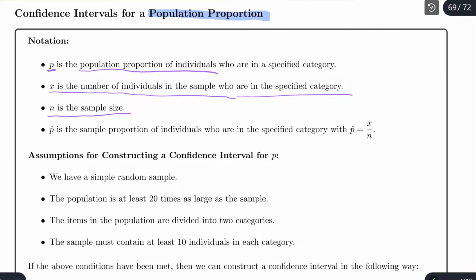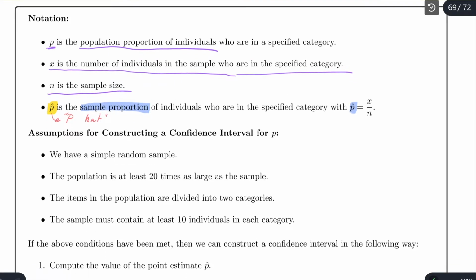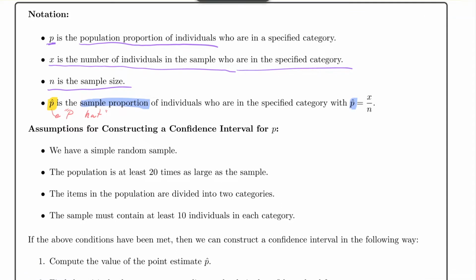And p hat, we pronounce this p hat, is the sample proportion, which means this is the point estimate for these problems. And the way we find a p hat is x divided by n. Okay, so we can always find the sample proportion from the sample we collected.